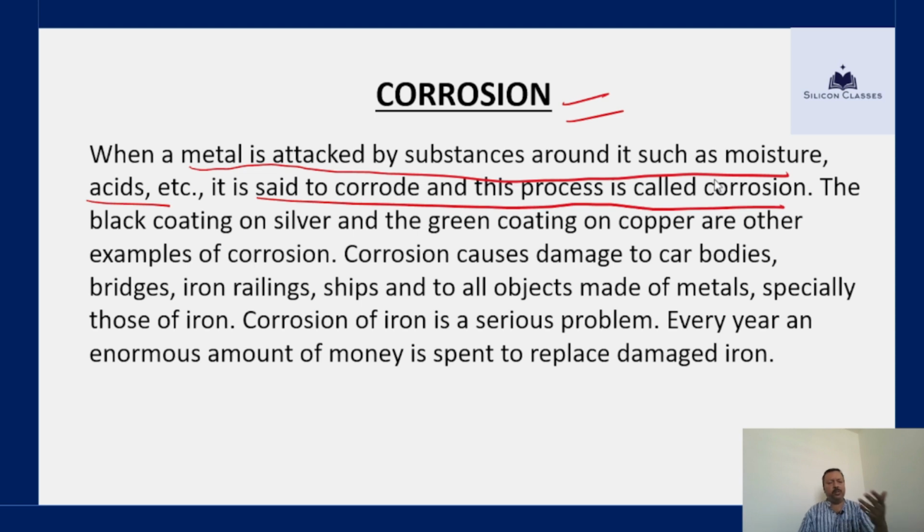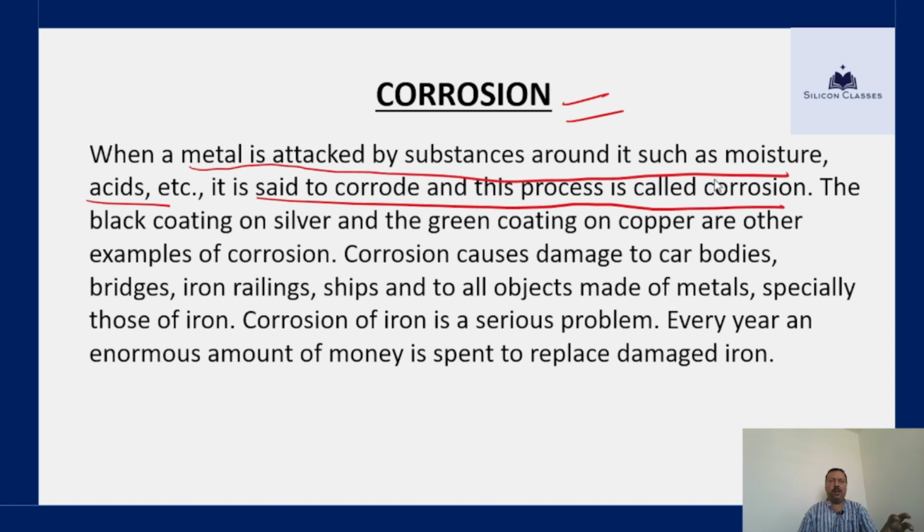In moisture, oxygen is there. Any metal will be attacked by the oxygen, so it will be oxidized to form a new compound, that is oxide. Then the properties of the metal will be changed, because we know in a chemical reaction the properties of the product will be totally different from the reactant.